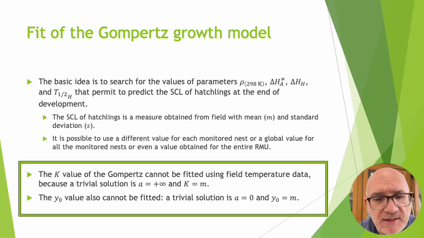So the K value cannot be determined by this data. The Y0 value also cannot be fitted, because again there is a trivial solution with A equals 0 and Y0 equal M. So again Y0 cannot be fitted with this data.